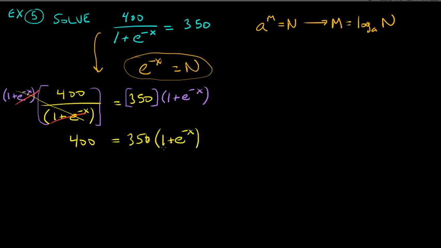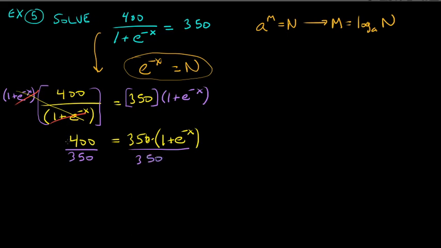Okay, so far? All right, so there's a couple things you could do here. You could just divide by the 350, because that's the opposite of multiplying. So why don't we just do that? Divide both sides by 350.